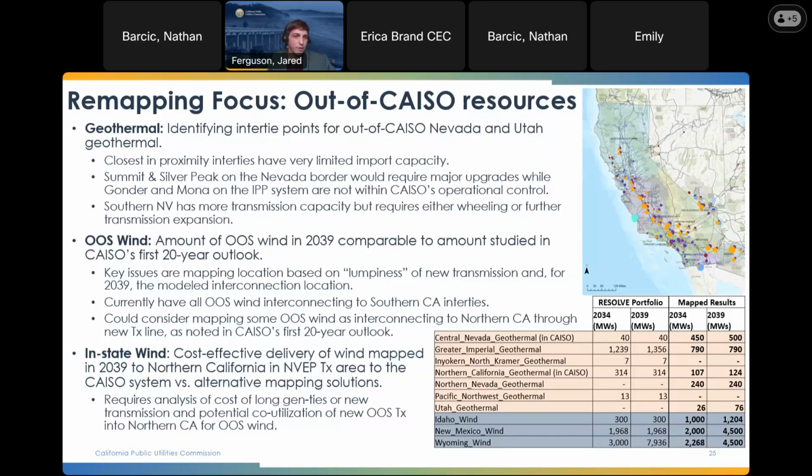That would require either wheeling it to an existing ISO intertie or assessing the cost of long gen ties or new transmission expansion to potentially interconnect those areas. So we have a fair amount of issues we are trying to address in the remapping process for these out-of-state or out-of-ISO resources. Next slide.